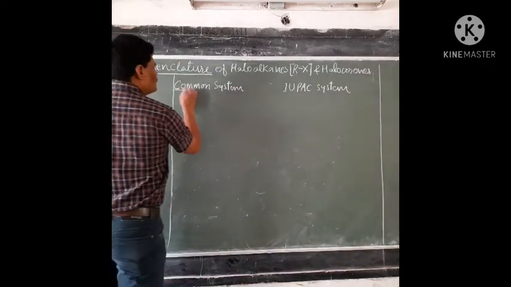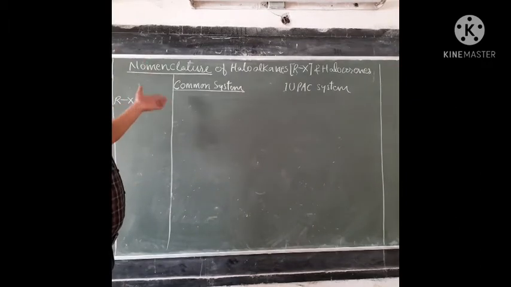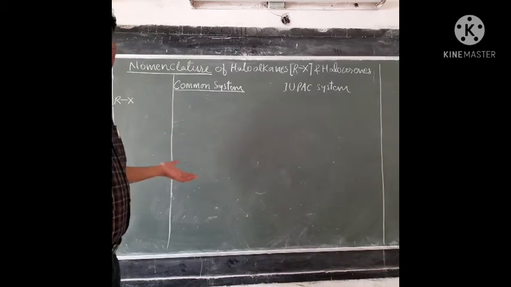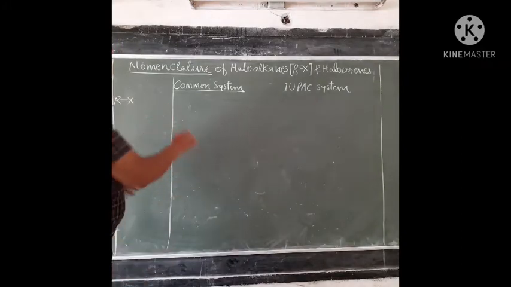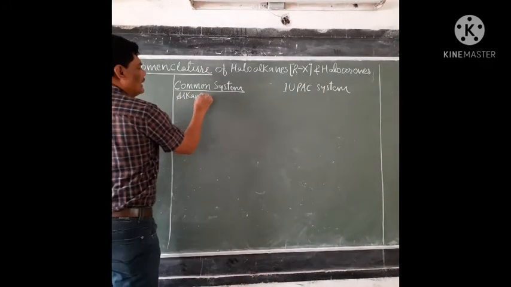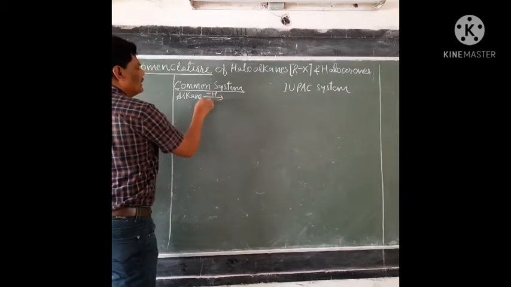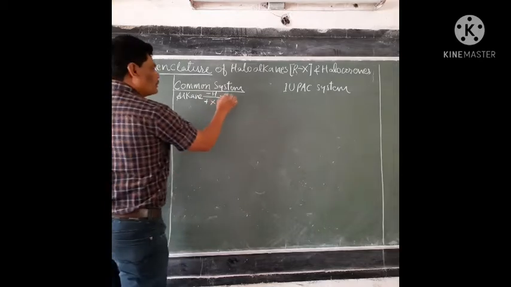Student, in the common system of nomenclature, it is considered that RX, that is the halogen compounds, are derived from the alkane. Like here, these compounds are obtained from the alkane, means minus H and plus what? X.